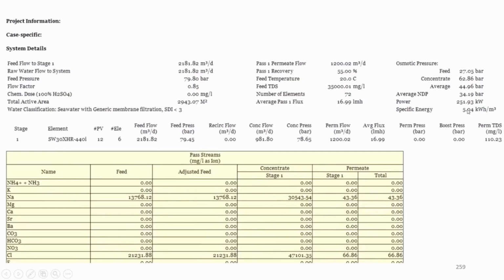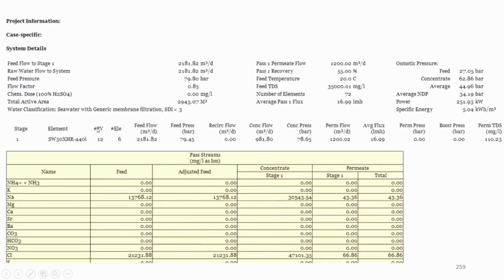It means that if you want to produce 1 cubic meter per minute, you need 5.04 kilowatt hour electricity to produce this feed pressure. Now, if you want to reduce this energy, you have to change some parameters in your design to reduce the feed pressure.